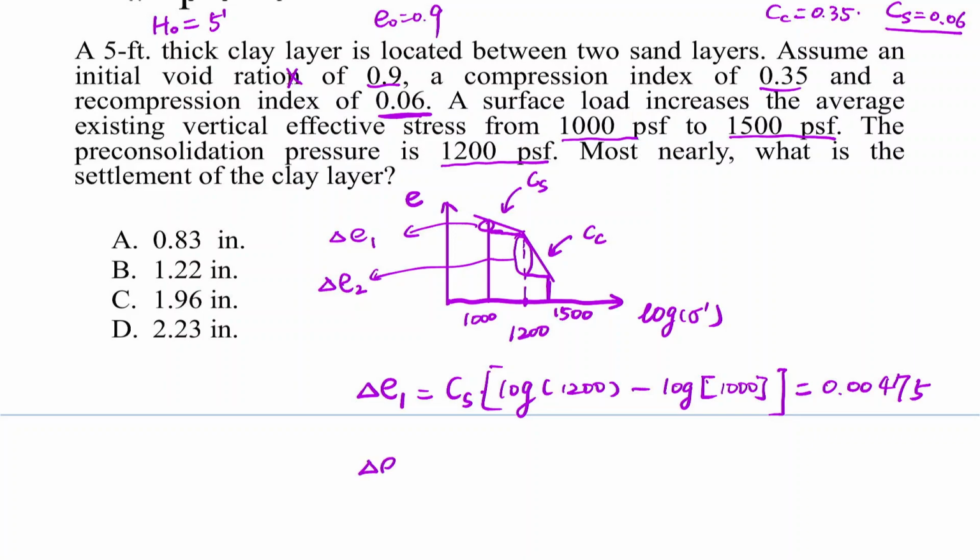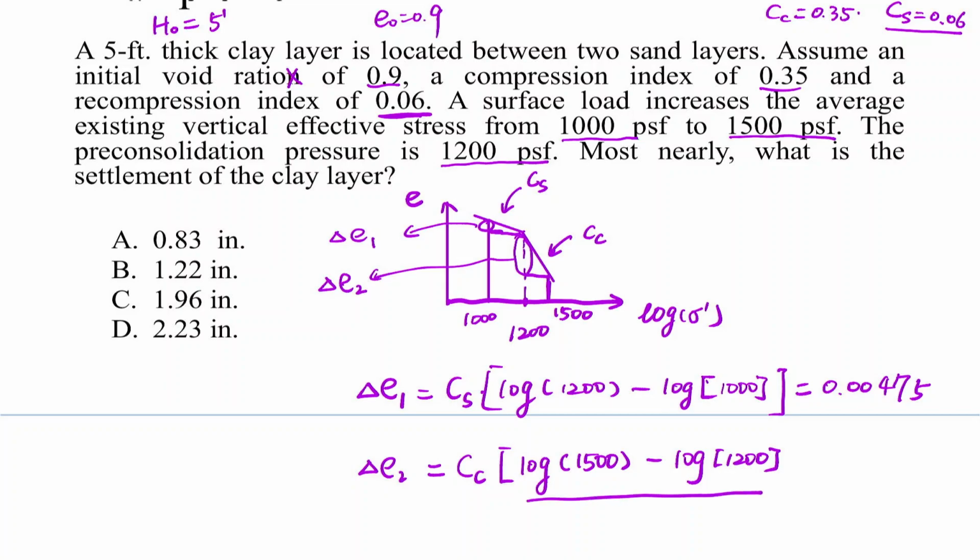And then delta e2, now the slope has changed, so we're talking about log 1500 minus log 1200. So basically that is the distance on the x-axis between those two points, and we multiply that by the C sub C.